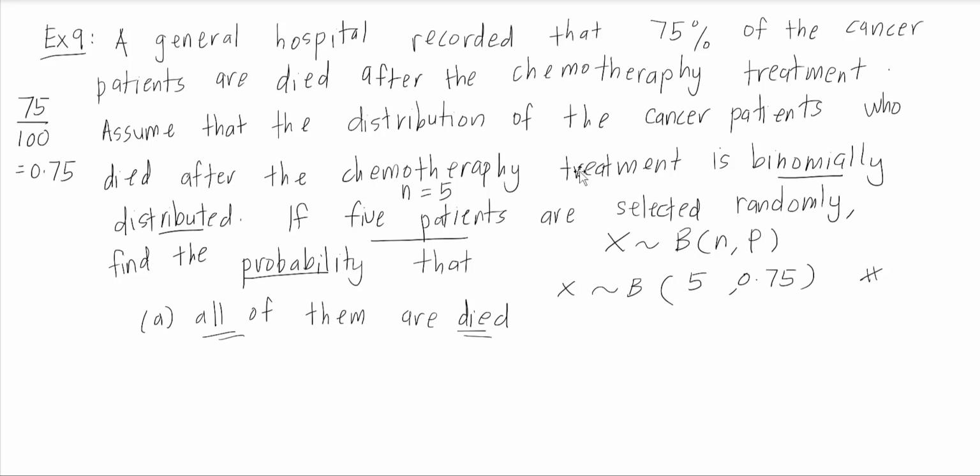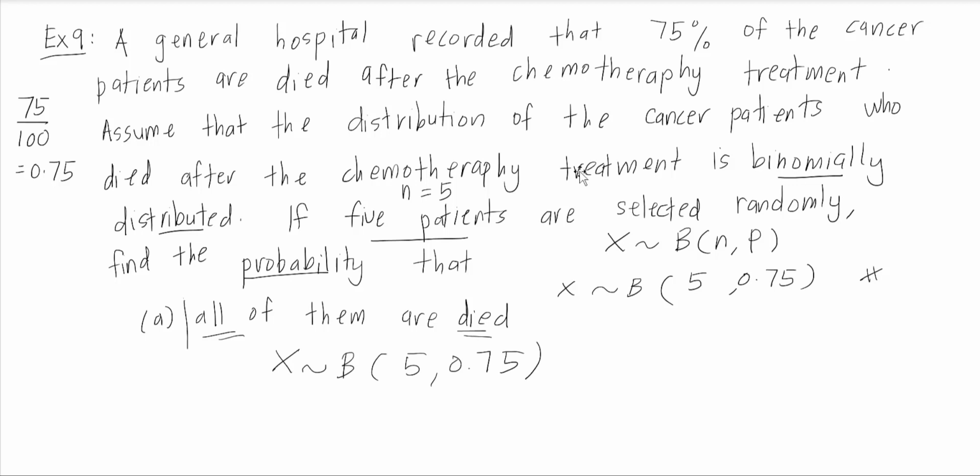Now, the probability given for the patient dying is 0.75, and the question asks for the probability that the patients died, so we can maintain our P as 0.75.